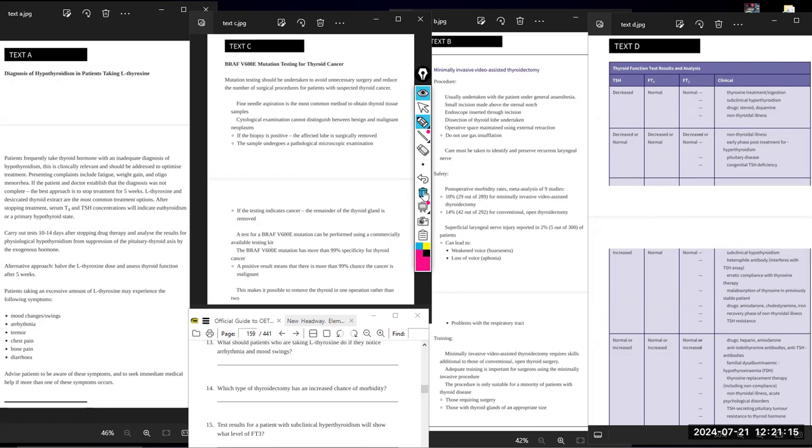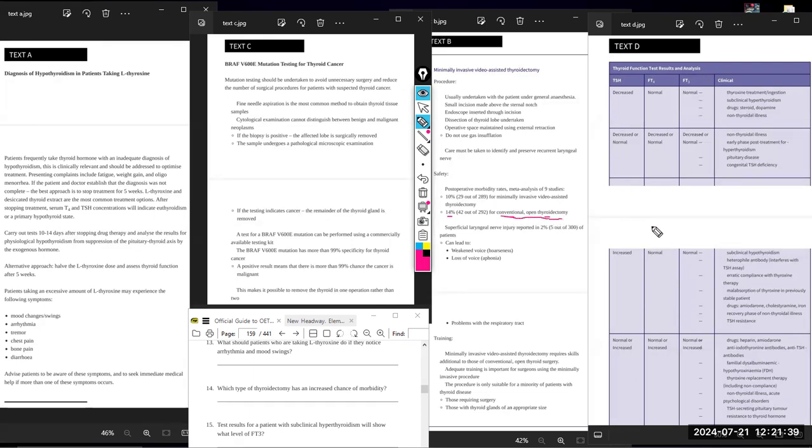Yeah, how fast you are. That's amazing. Exactly. Which text? Text B, the second point. It's 14%. This is it. Thank you so much. Conventional open thyroidectomy, that is it. This is the exact answer. Thank you so much. And you have been fast.